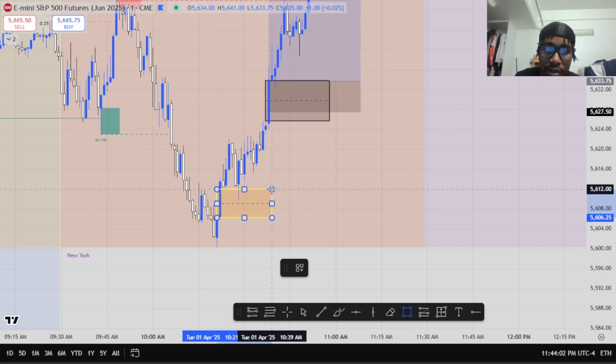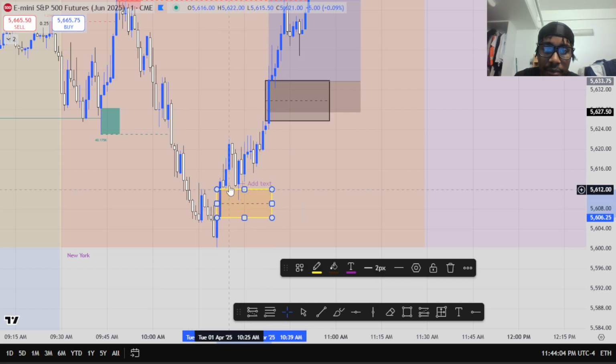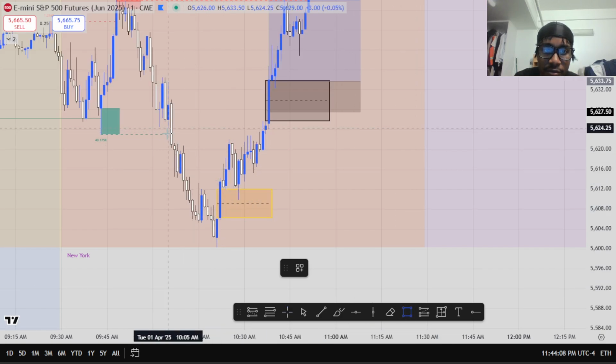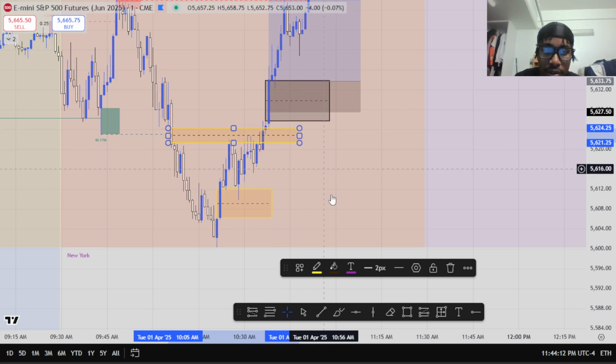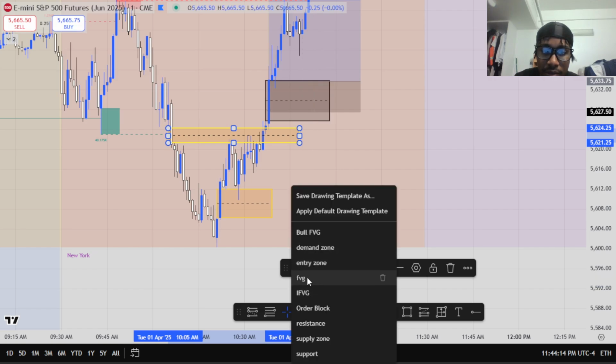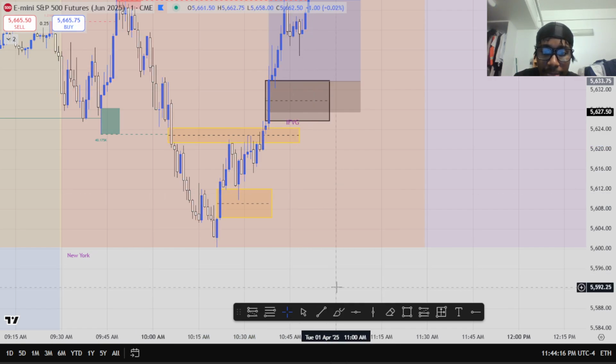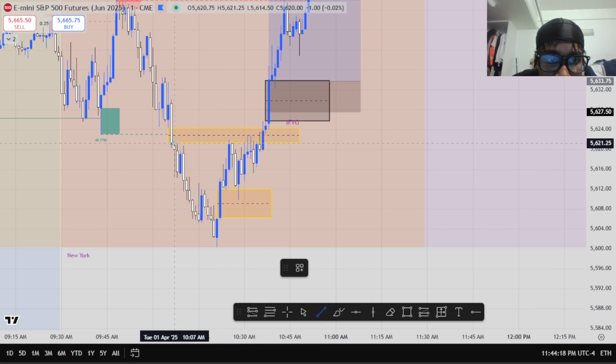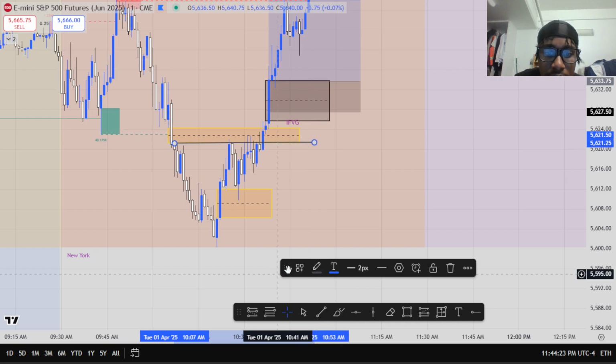My first thing was this gap here, respected to here. We had this gap inversed. As soon as we inversed this gap, right here, this was my change in state of delivery, CISD.